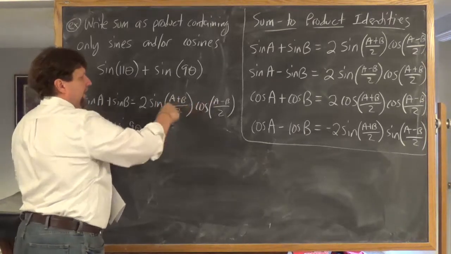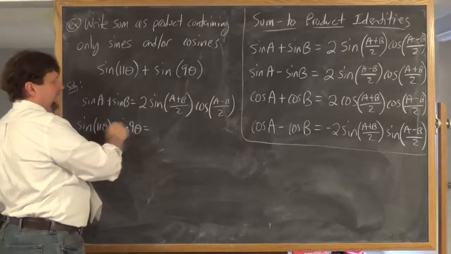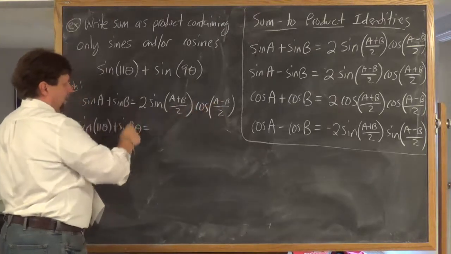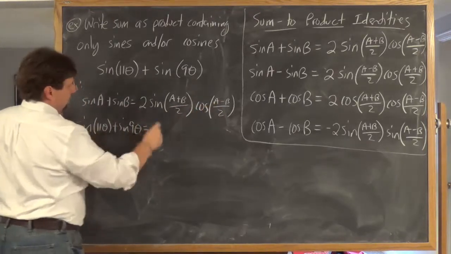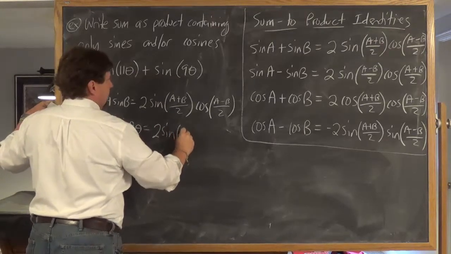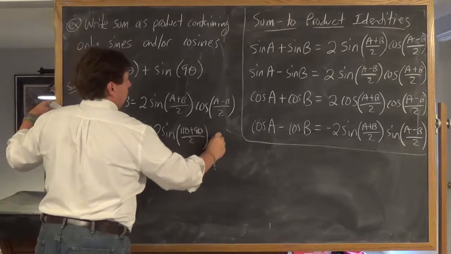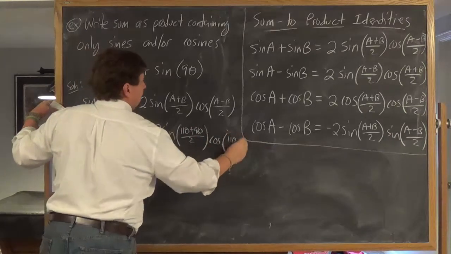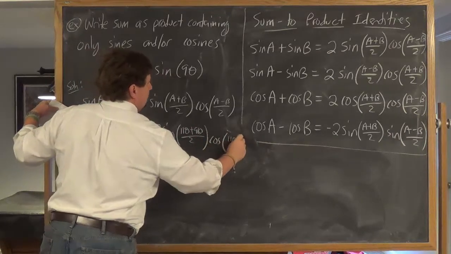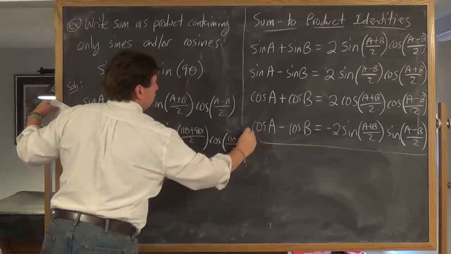So wherever I see an A, I'll put in 11 theta. Wherever I see a B, I'm going to put in 9 theta. So this gives me 2 times the sine of 11 theta plus 9 theta over 2, cosine of 11 theta minus 9 theta over 2.